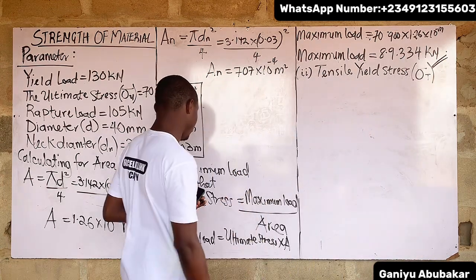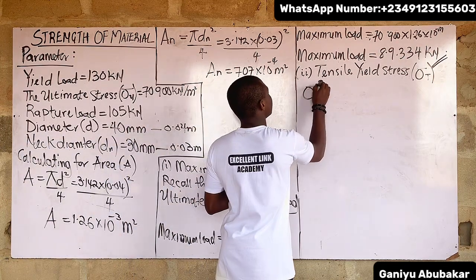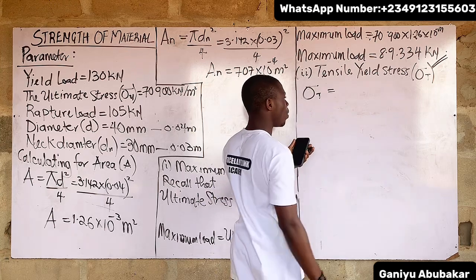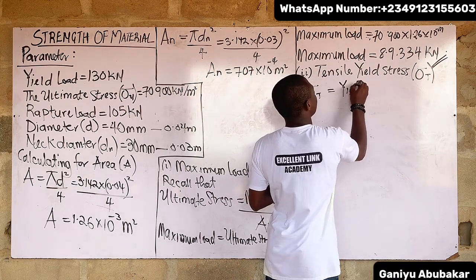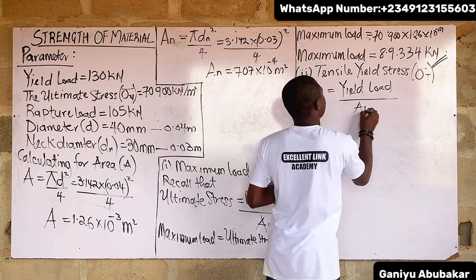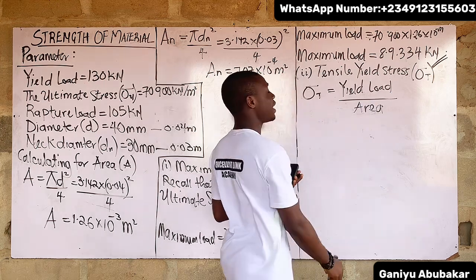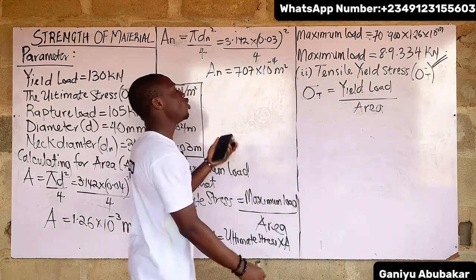That's tensile yield stress, right? So I'm saying that tensile yield stress is equal to yield load all over area. Please master this formula, please. So tensile yield stress is equal to yield load all over area.